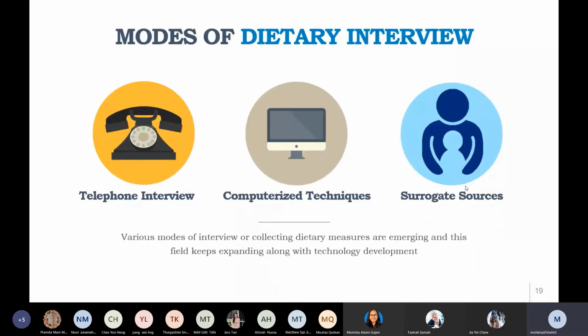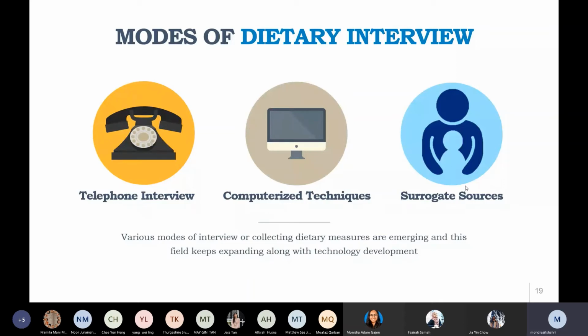Throughout the few methods that we have explored just now, we can see that there are several modes of dietary interview that can be conducted. Sometimes interviews can be conducted face-to-face, and sometimes through telephone interview.